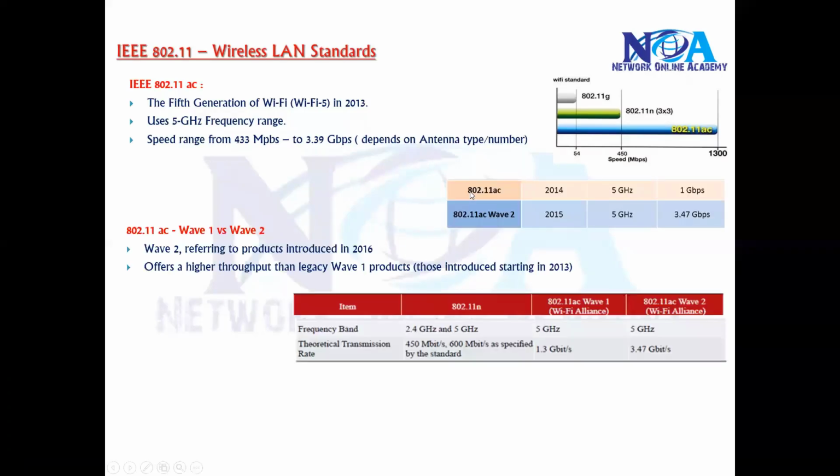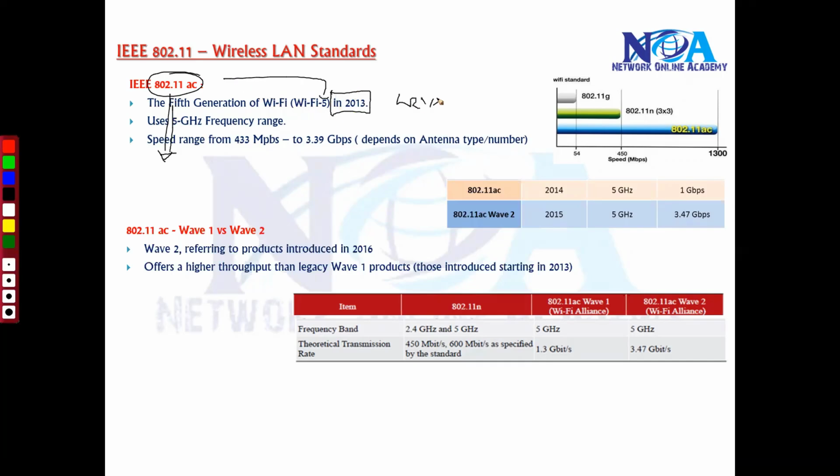Now there is one more thing we need to know about the 802.11ac standard. We have something called Wave 1 and Wave 2. The difference is that all the wireless products running the 802.11ac standard introduced from 2013 are referred to as Wave 1.